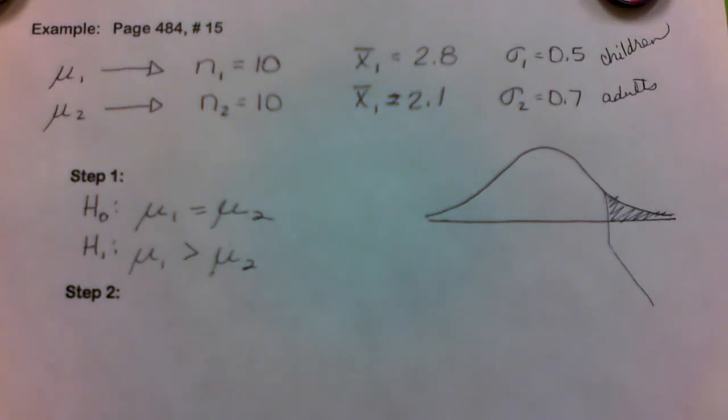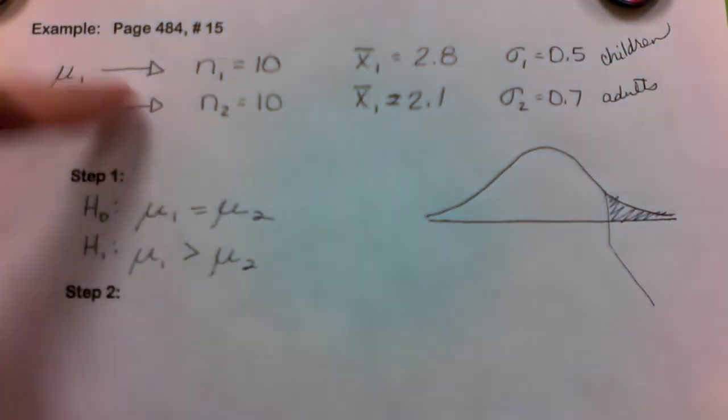All right, then in step 2, what we're going to do is calculate our z-value, and all the values we use are up here.